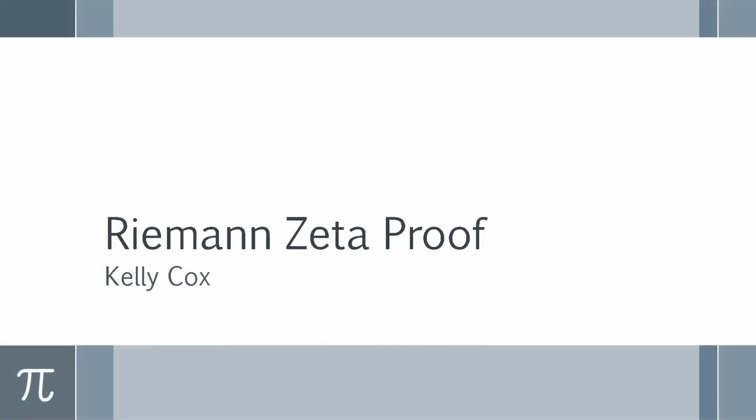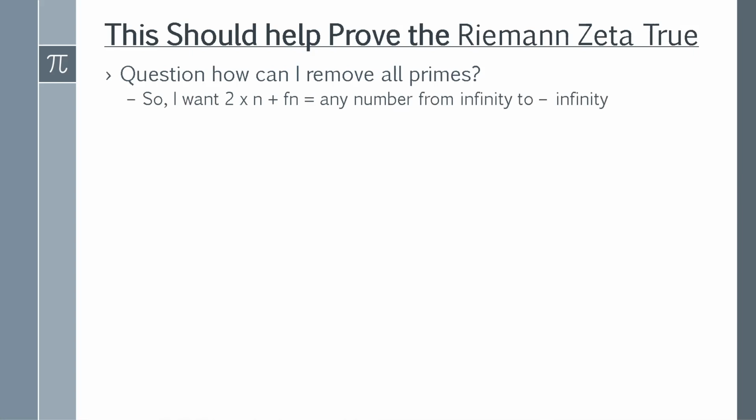And then the last thing I want to go over is the Riemann Zeta proof that I'm working on. The thought process I went through was, how can I remove all primes? What I mean is, I want to take the number 2, multiply it times every number, and it gives me every number from infinity to negative infinity.